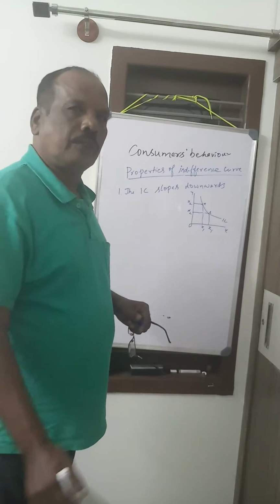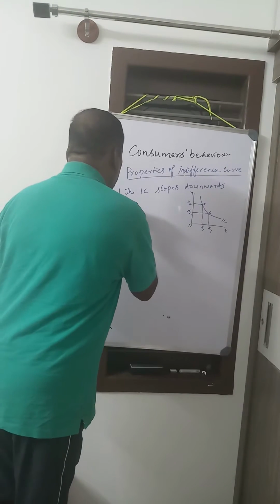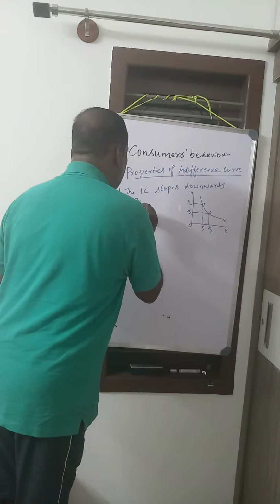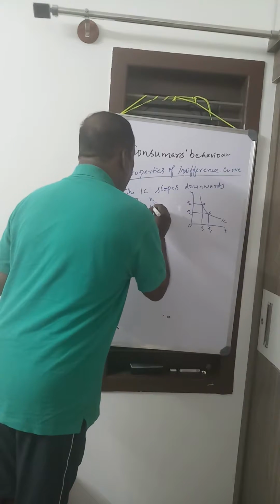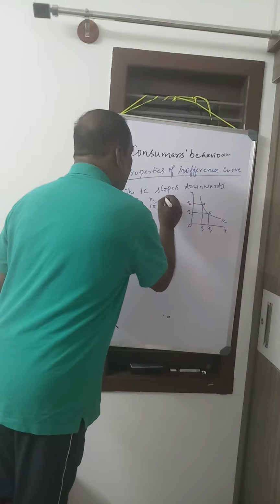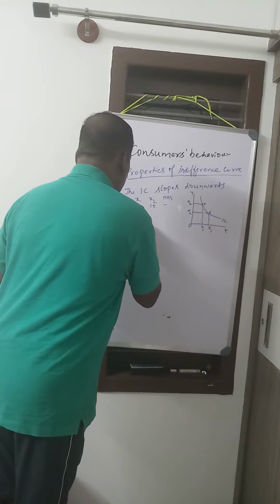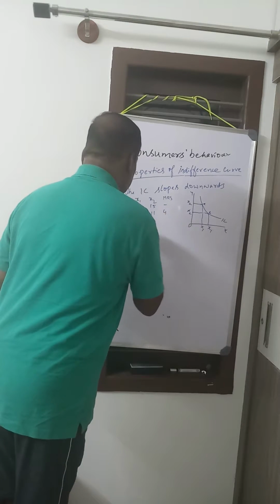You can understand this with the help of one table. Say there are combinations. Combination A, that is X1 1, X2 15, and MRS is blank. B: 2, 11, MRS is 4.